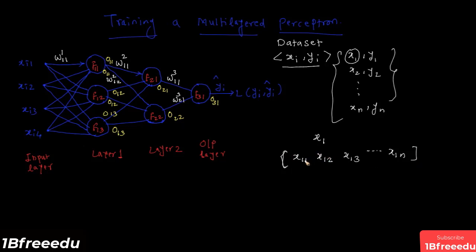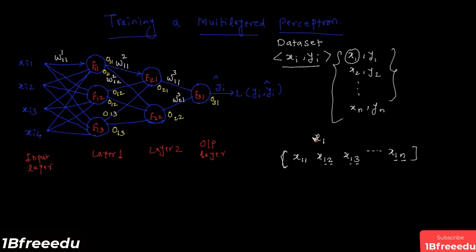So x11 means the first feature of input 1, x12 means the second feature of input 1, x13 means the third feature of input 1, likewise x1n means the nth feature of input 1.